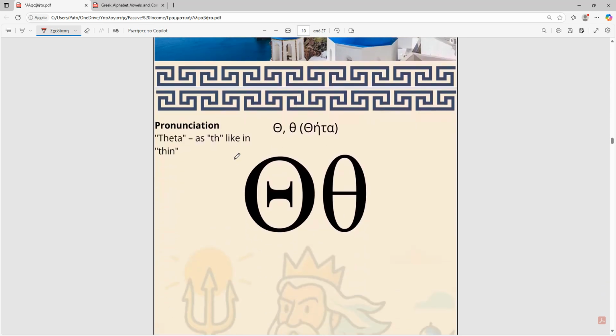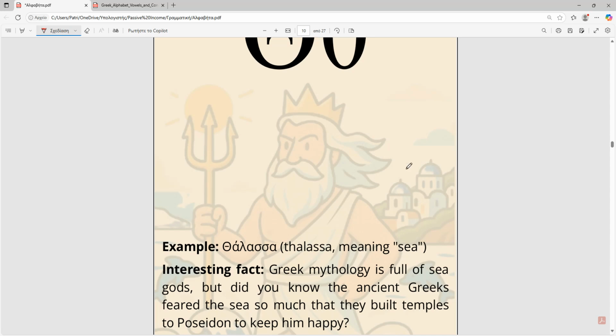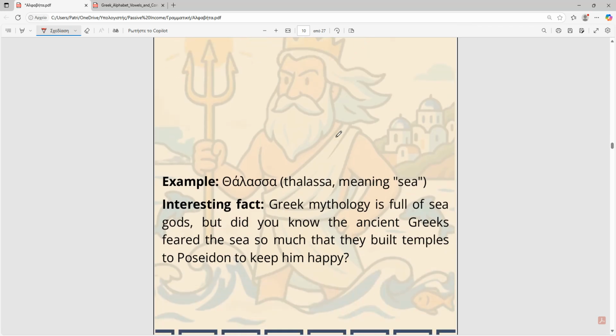Then we have the theta. I know this is a little bit difficult to pronounce. It's like theta, more like the Spanish pronunciation. Theta, like thalassa, and you can see Poseidon, of course, because it's closely related. Greek mythology is full of sea gods. But did you know that the ancient Greeks feared the sea so much that they built temples to Poseidon to keep him happy?